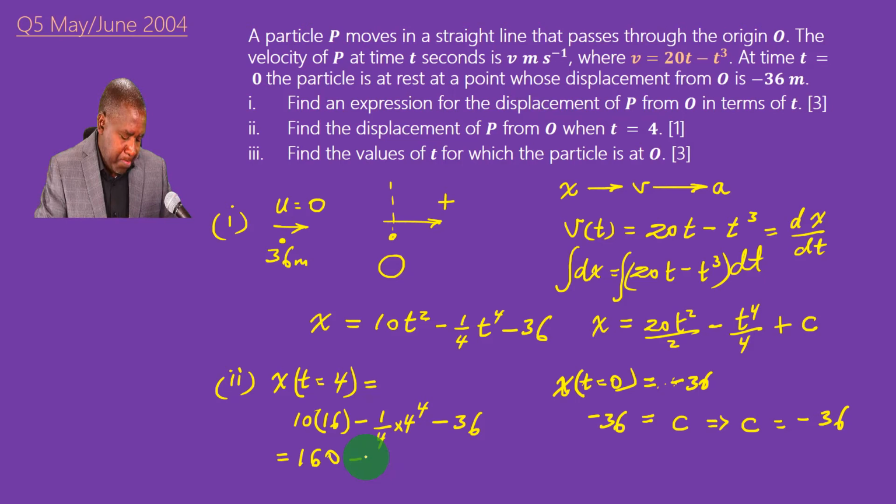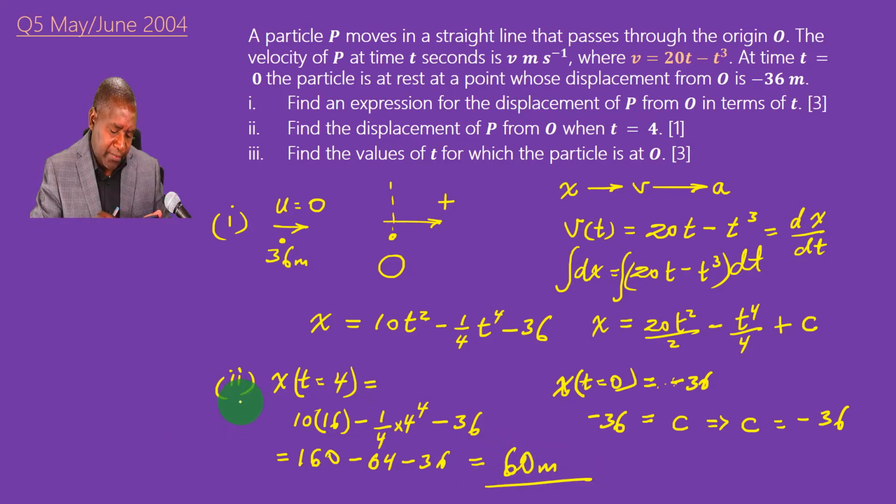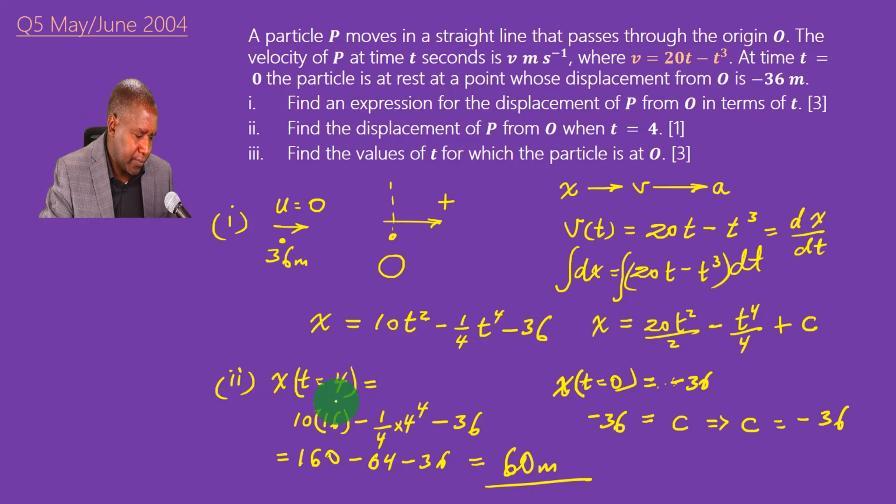So 4 cubed, I get 64, and I have 36. So I have 160 minus 64 minus 36, and I find it is 60. That is how I get part 2. Part 2 is very easy. I just need to substitute t equal to 4 seconds into this expression, and that's what I get.